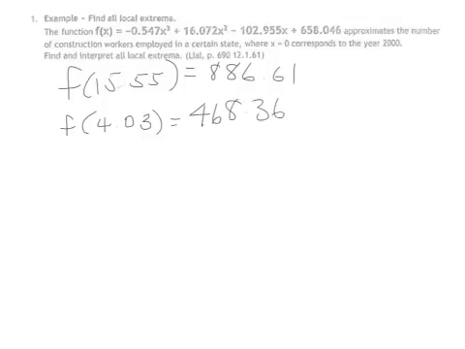So we said by using our test points, we determined that there was a maximum at 15.55, so 2015, there's a max. And in the year 2004, there was a min. And if we look at our values, then yeah, we can see that 468.36 is less than 886.61. Perfect.